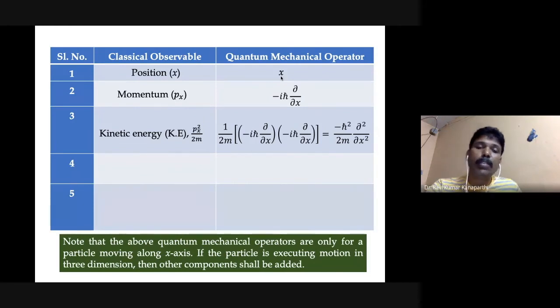Therefore, to get the quantum mechanical operator, I have written 1 by 2m outside the bracket, and then px square can be written as px multiplied by px, isn't it? One minute.